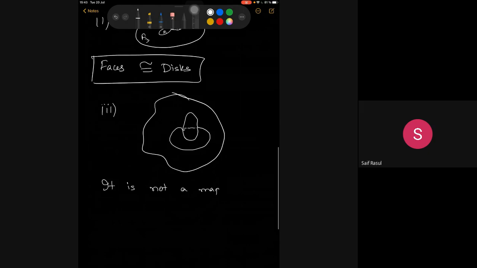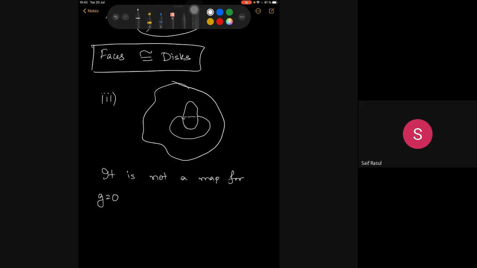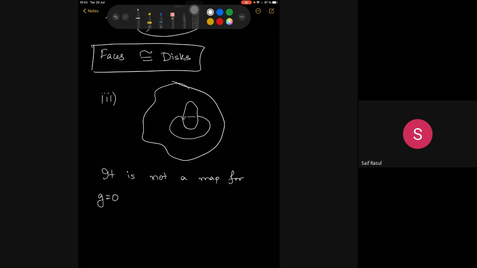I mean, you can't draw it while keeping the pen down. Exactly. Or you have intersecting lines. Another way of saying it is that the faces aren't isomorphic to disks. There are holes, there are intersections, and you cannot make them equal to disks.